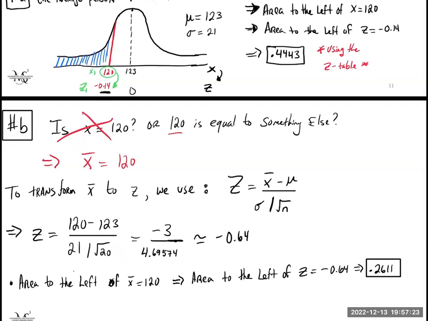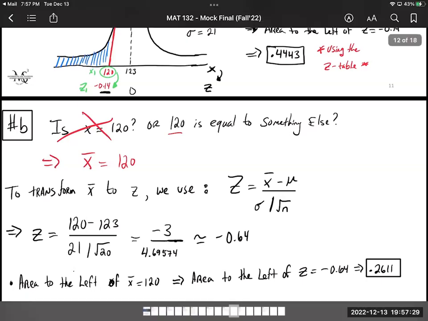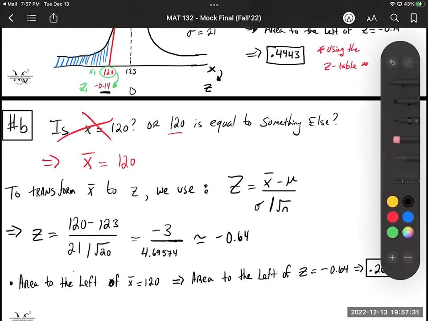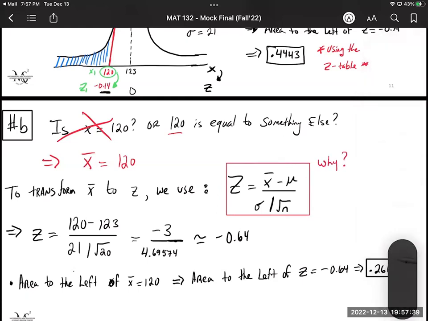Now, here's my last question before I move on to problem 7. My question is, why did this formula work? Why could I use this formula? Not because I mentioned it or somebody else mentioned it, but why did it work?